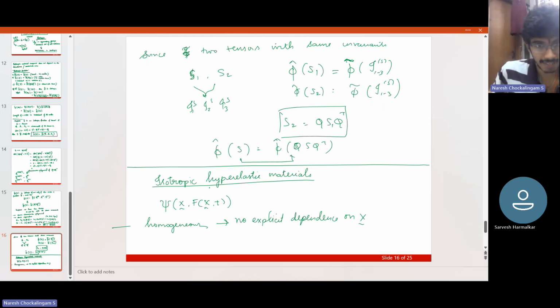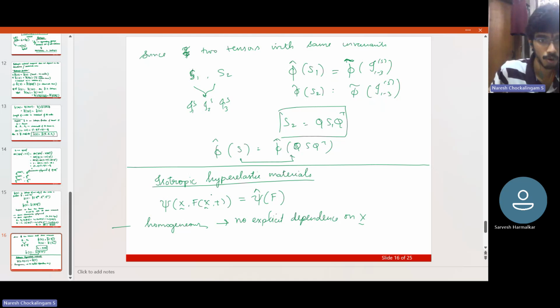If the stress-strain response is independent of which material point on the body we are looking at, then the body is said to be homogeneous, not the material. The body is said to be homogeneous if every material point of the body has the same response function. So it depends only on the deformation gradient and nothing else.